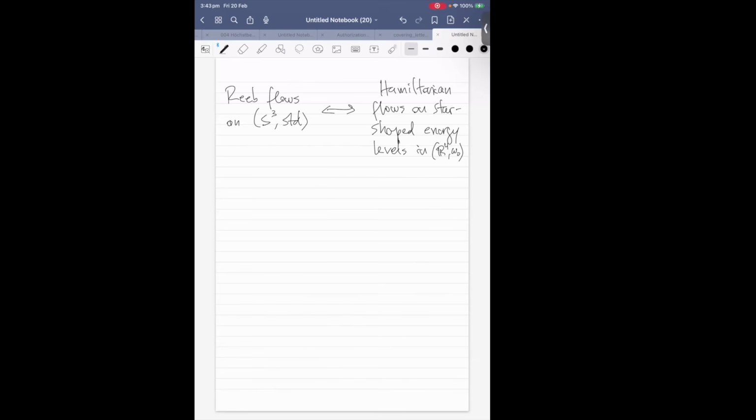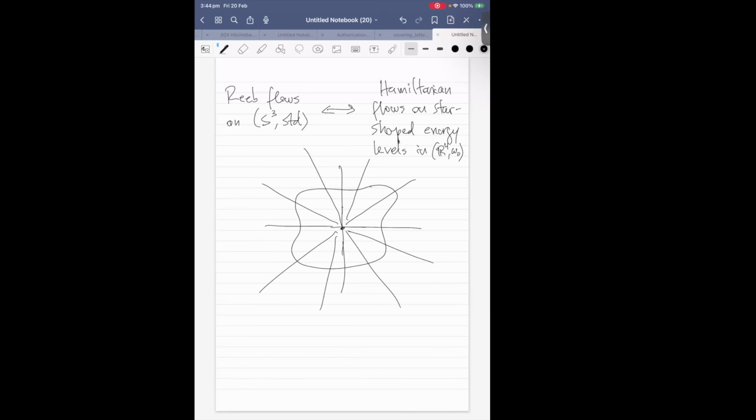So these are energy levels which are compact, smooth, and so that if you, for some point in the middle, every ray issuing from that point is going to intersect transversely and only once the hypersurface, okay?